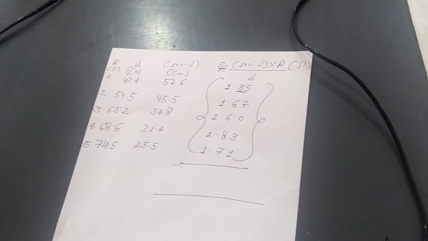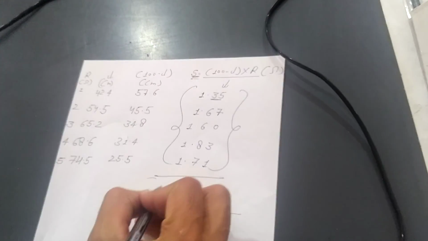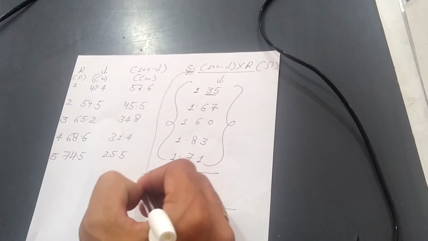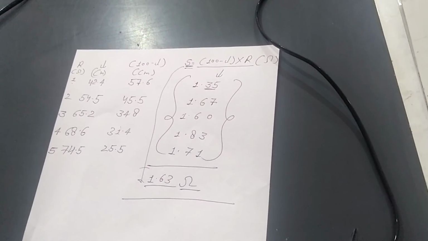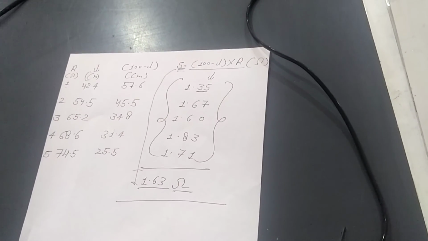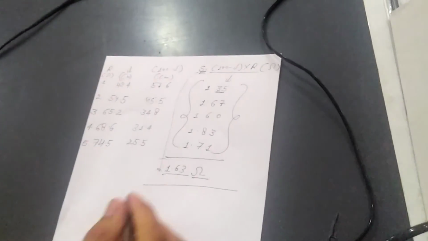And if I divide 8.16 by 5, it would be 1.63. So 1.63 is the resistance of this unknown wire, and the unit should be ohm. This is the resistance of this unknown wire of 40 centimeter, and of course there must be some error. We take like plus minus 15% to 20% of this value.